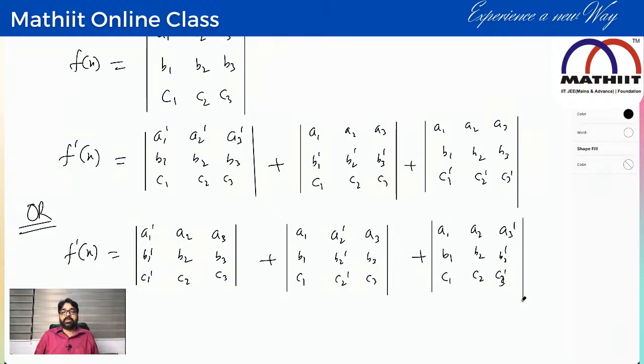Yeah, this one. Either you have to go row wise or column wise. No other choice. Am I right? Is this clear to everybody?